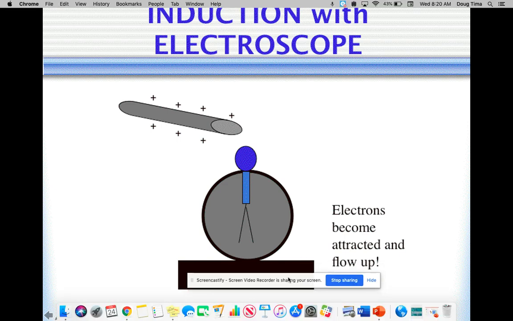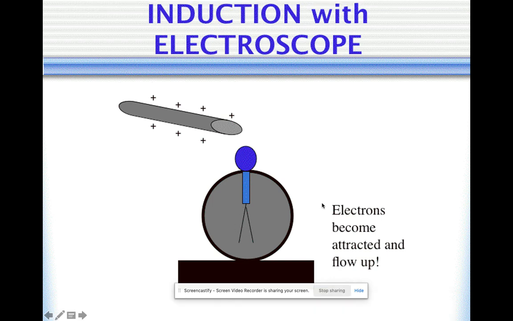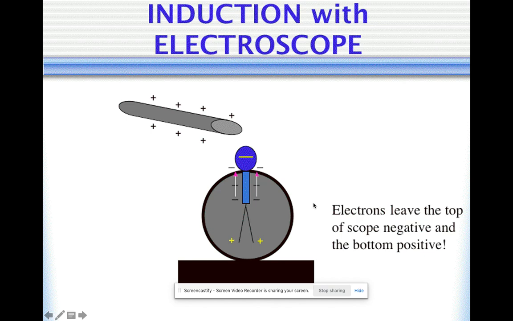All right, so this is called an electroscope. And what happens with an electroscope is you have a charged area here and you have two leaves at the bottom. And what happens is, as you bring this positive rod towards it, it's going to attract the negative charges, making the ball at the top completely negative. Well, there were positives and negatives in here originally.